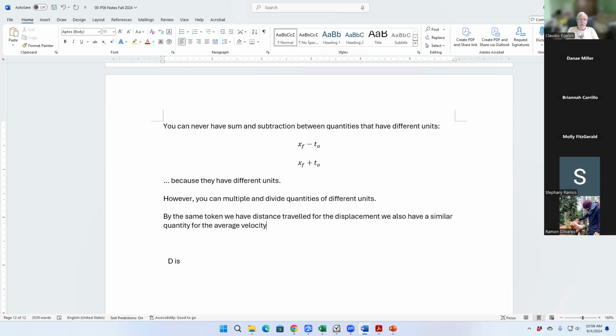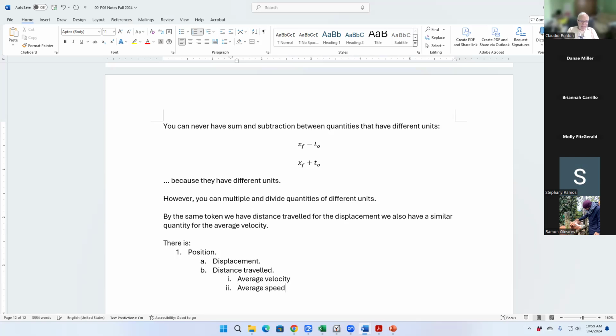Okay, remember, there is displacement, position, displacement. There is distance traveled. And then there is also average velocity. And there is this other quantity that we call average speed, okay?